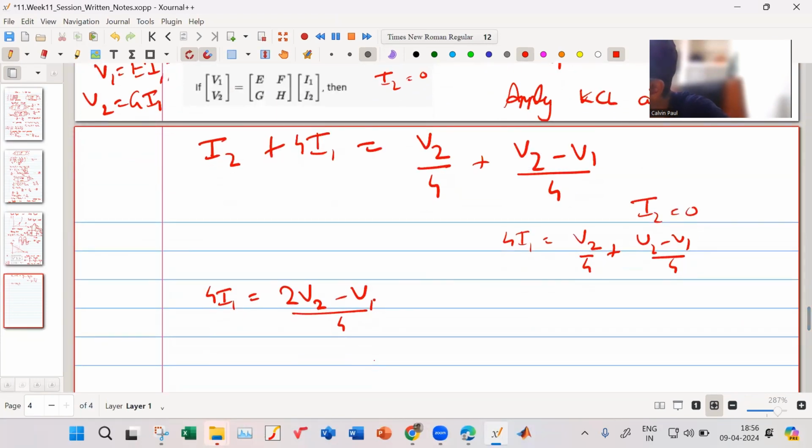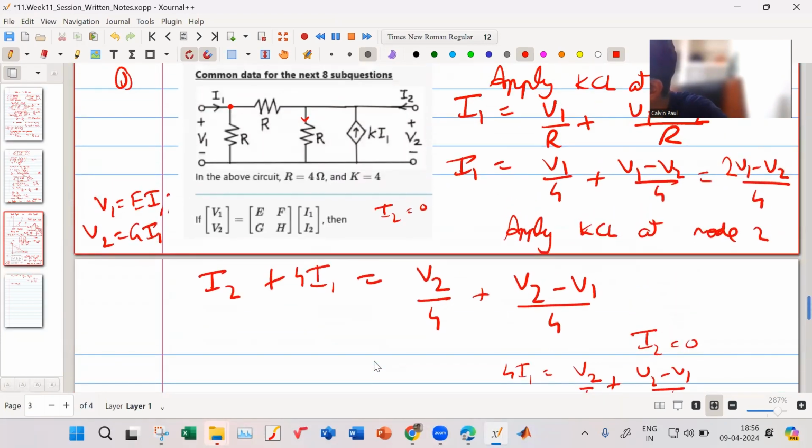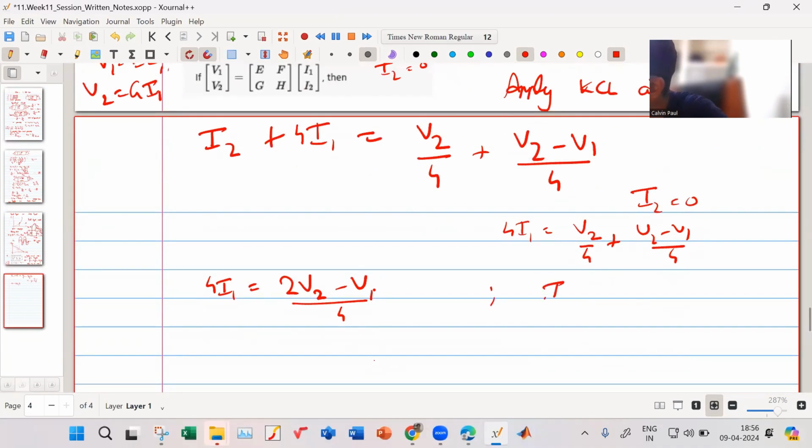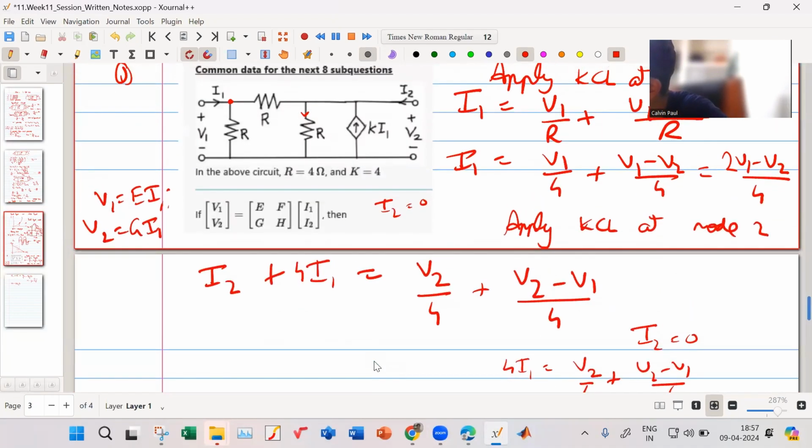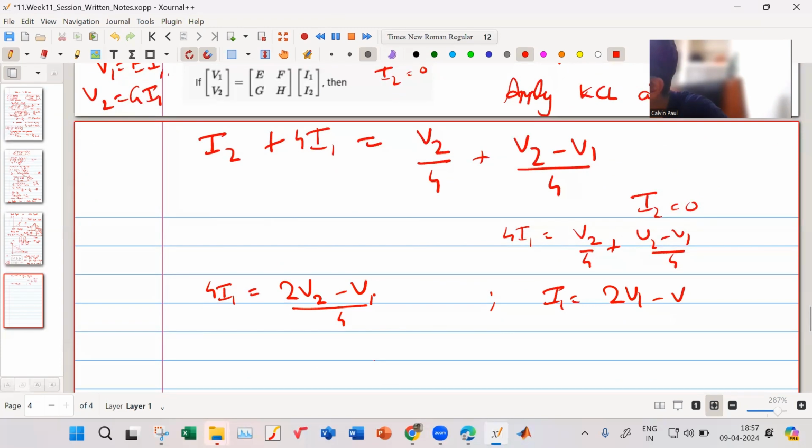Now over here, I also have I1 in the first equation equal to V1 minus V2 upon 4, sorry, 2V1 minus V2 upon 4. So I will get 4I1 equal to 2V1 minus V2. So my V2 is equal to 2V1 minus 4I1.